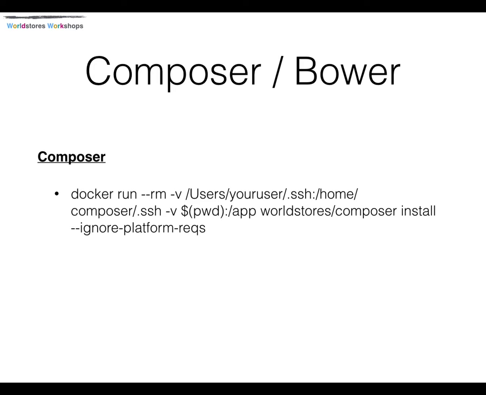So I'm going to mount that directory into /app of the container, and then I'm going to run composer install and ignore platform reqs. And because this image has been built with Composer and it's got PHP and all the necessary things to run Composer, it will be able to install your dependencies for you.